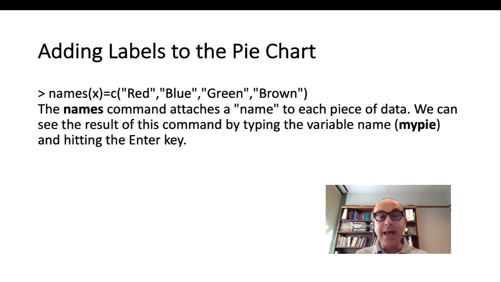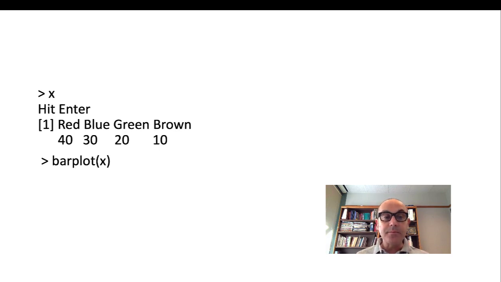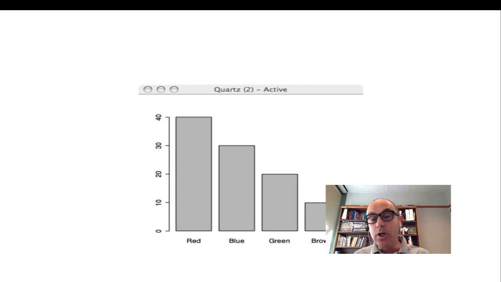So in this case, I will create names: red will be associated with 40 and 30, green will be associated with 20, and brown will be associated with 10.